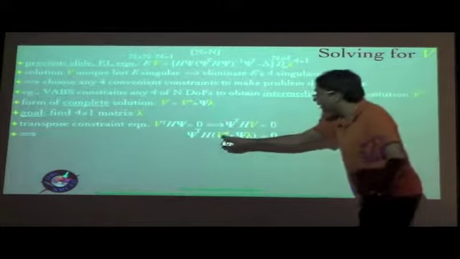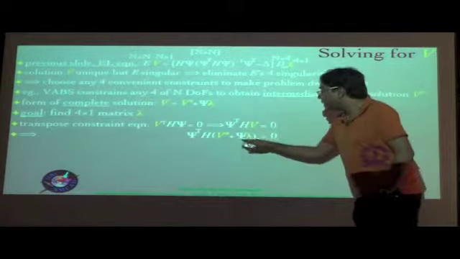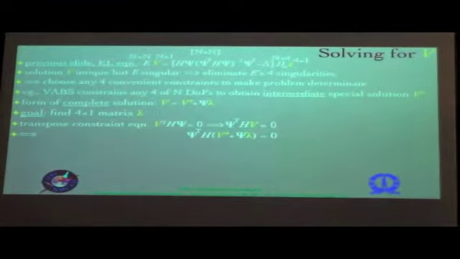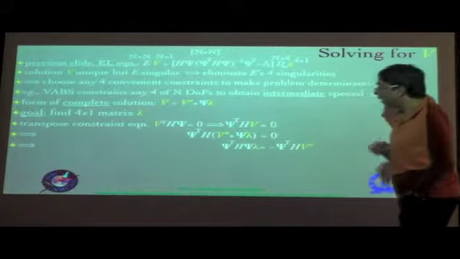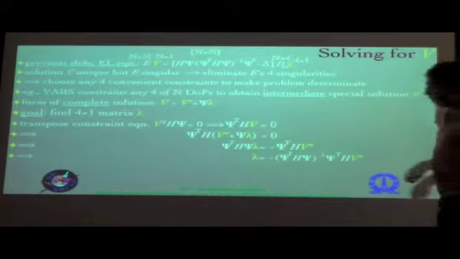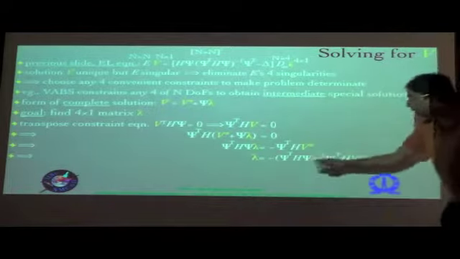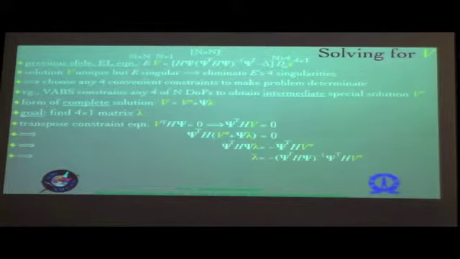So V is written as V star plus xi times lambda, and then you retain the lambda term on the left hand side, take the other term to the right hand side, and using this and inverting this, we can determine lambda in terms of V star. So lambda is basically minus the inverse of xi transpose H xi times xi transpose H times V star.